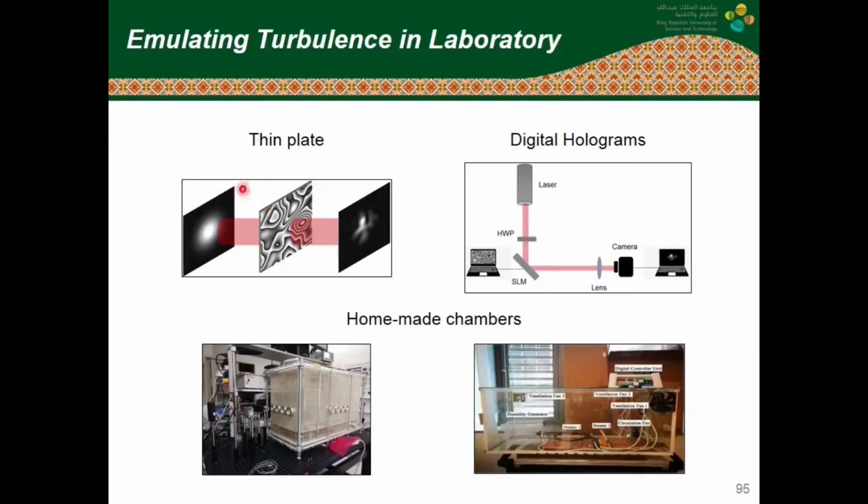The first method is through the use of thin glass plates. The second method is through computer-generated holograms loaded on spatial light modulators. It's also possible to emulate the effect of turbulence in the lab through the use of homemade chambers. Those are two chambers that we used before in some of our FSO laboratory demonstrations.